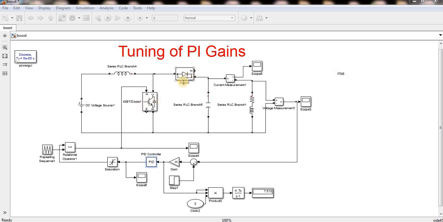But before tuning those PI gains, the rest of the PI gains you have to keep at constant values. Let us assume 4 PI controllers are there. You tune two PI controllers simultaneously. If these two are tuned properly, then you can shift to the other two.